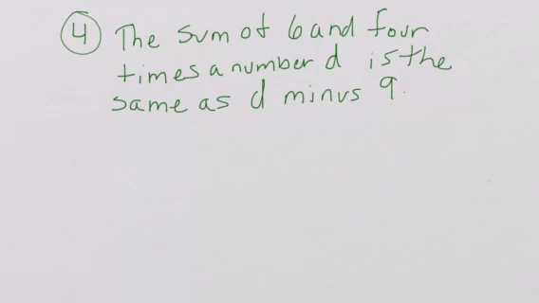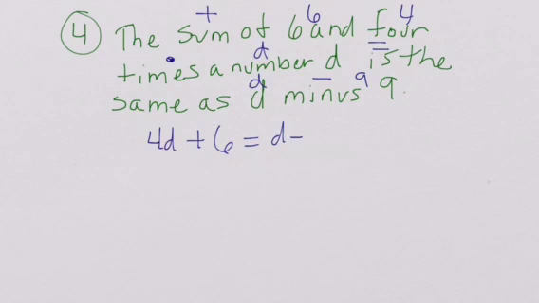The sum of 6 and 4 times a number D is the same as D minus 9. So sum is plus 6, 4 times a number D is the same as D minus 9. So we see our pieces. So we're going to have 4D plus 6 is equal to D minus 9.